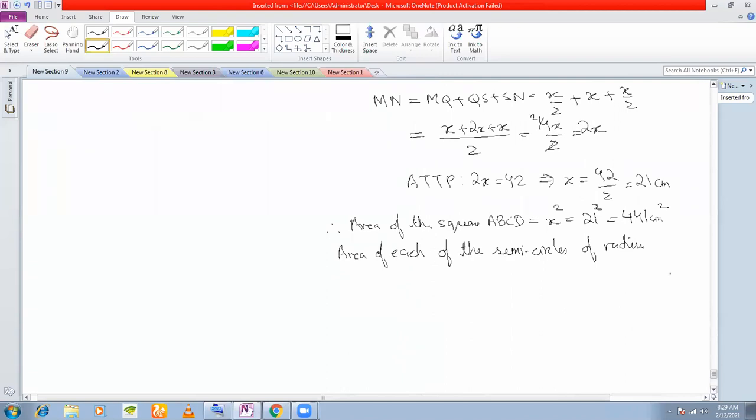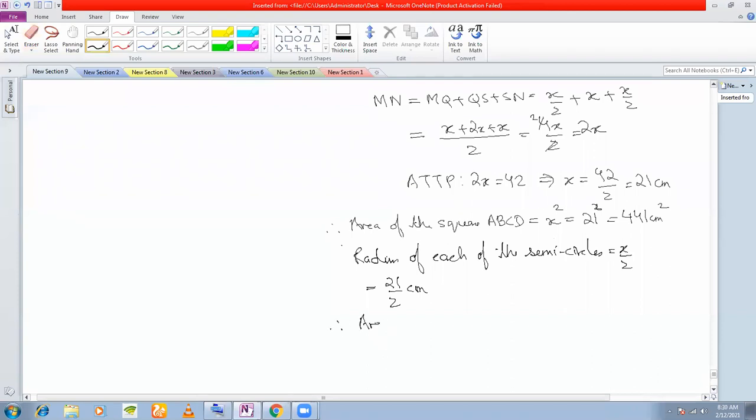And what is the value of x here? Let us write the radius first. Then we shall find out the area. Radius of each of the semicircles is equal to x by 2, which is equal to 21 by 2 centimeter.